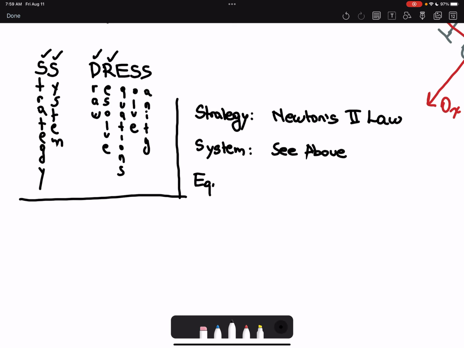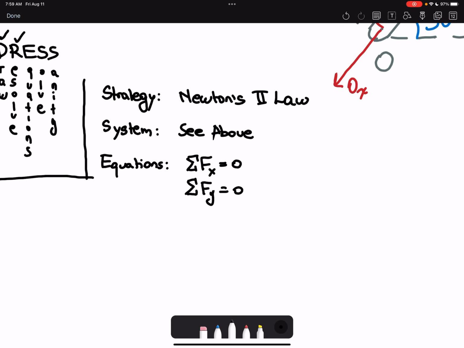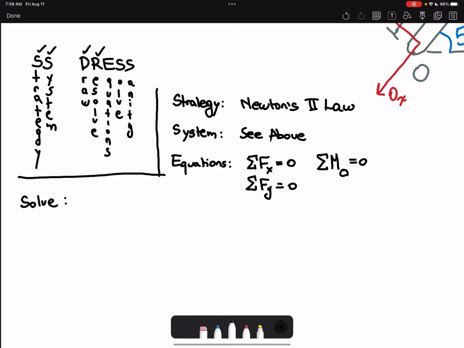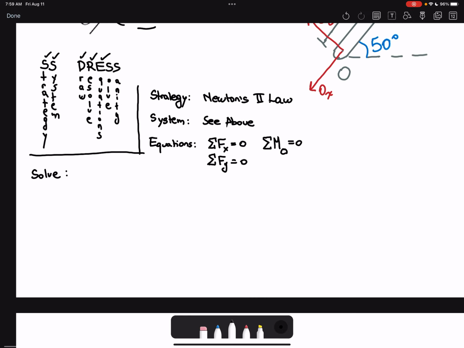So the equations that we're going to use are the sum of the forces in the x direction is equal to 0 because we're assuming the member is in equilibrium. Same for the y. And then the sum of the moments about the point O are also 0. And so now we're going to solve it, because we have everything.